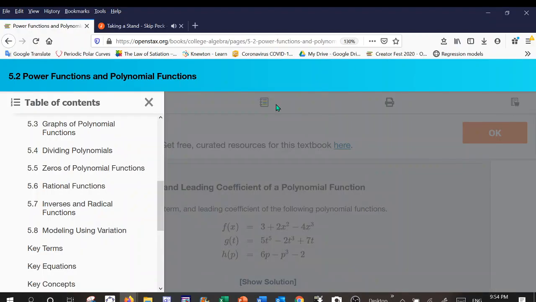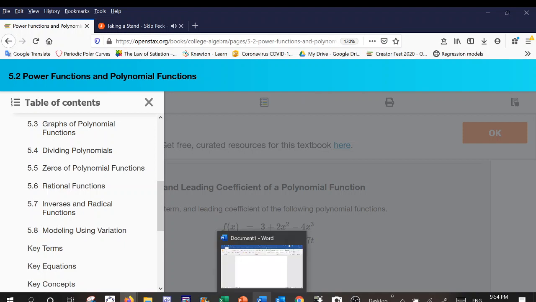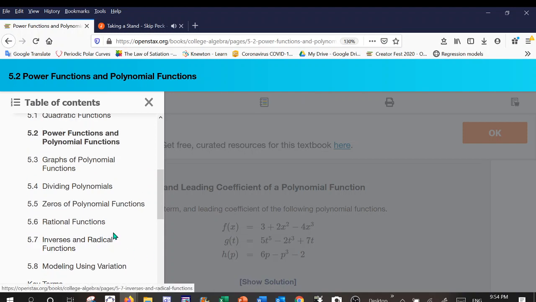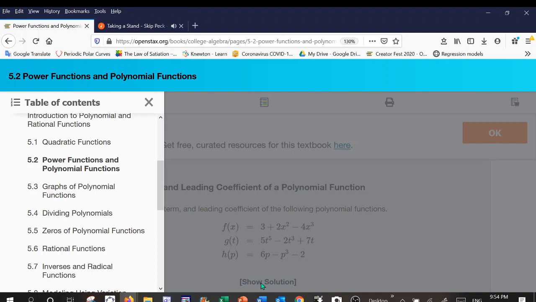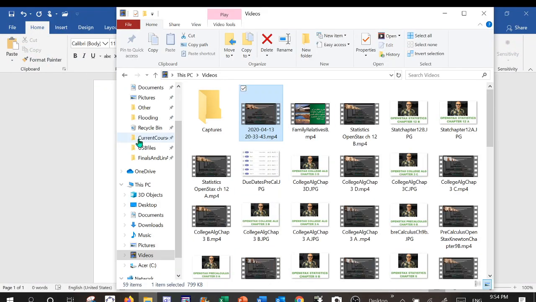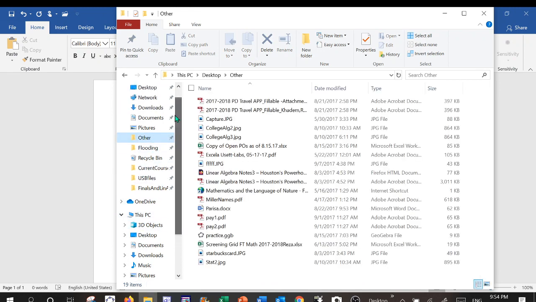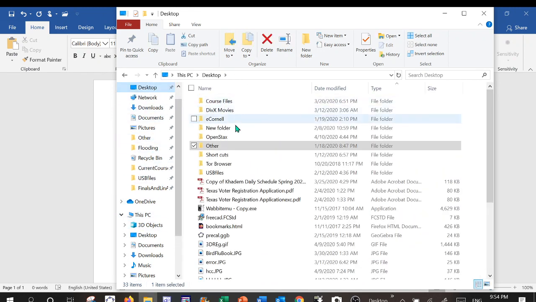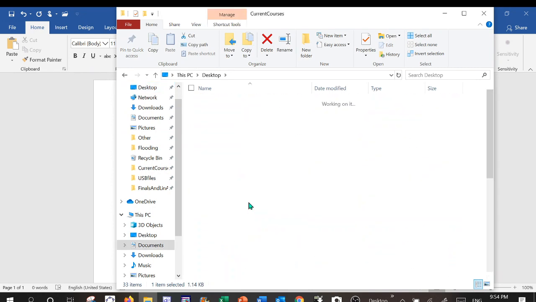So let me have more space on the screen, and then start with the first section, which is quadratic functions. So let me get that section from quadratic functions here. Let's see.